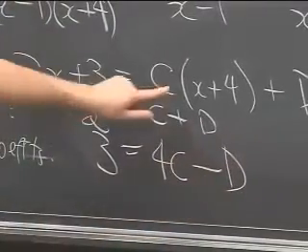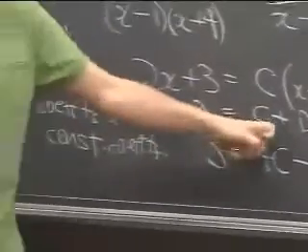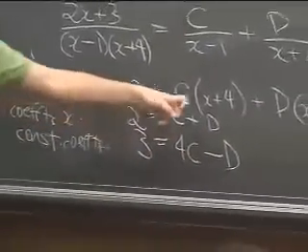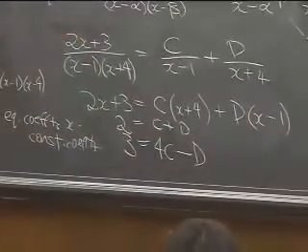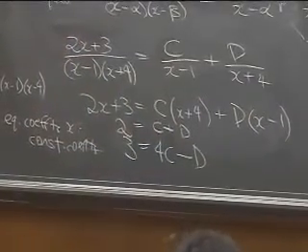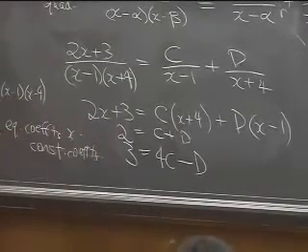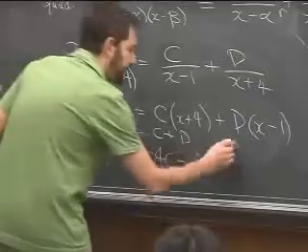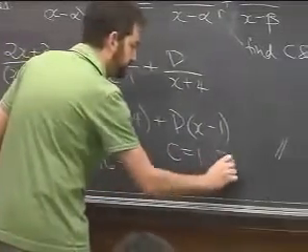All I did was take the cx plus dx. That has to match the 2x. So c plus d has to be 2, whereas the 4c minus the d has to match the 3. So there are two equations to solve simultaneously. If you add them together, you get 5 equals 5c. So c equals 1. And then it's easy to see that d also equals 1.